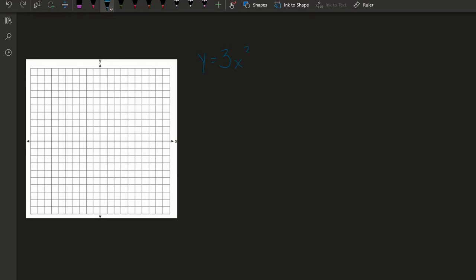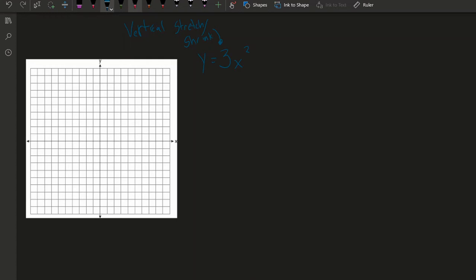So this is similar to what we just did, except it's got this coefficient in front right here. That's the a value, and what the a value does is it is a vertical stretch. Or depending on what number is there, sometimes it is a shrink.